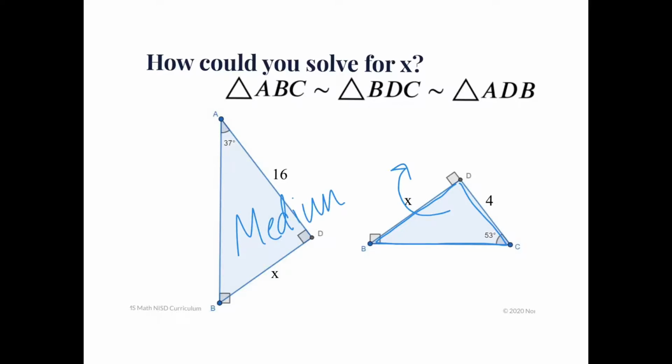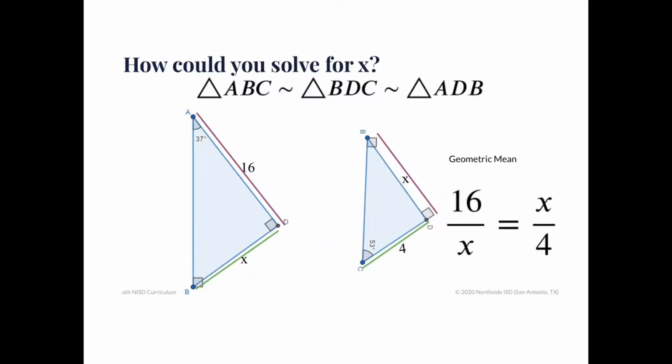So let me do that. Here we go. Now that they're facing the same direction, and we know this because here's my 37-degree angle, here's my 37-degree angle. It's not written out to be 37 degrees, but I know that it is because this one was my 53-degree. So basically I'm just making sure that we're facing our triangles in the same direction.